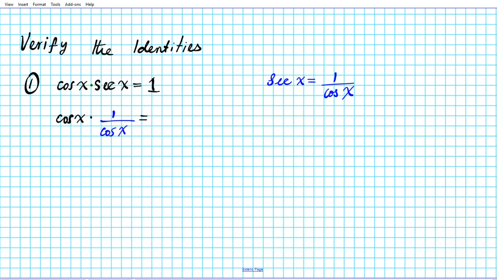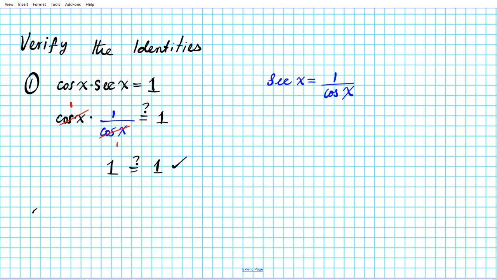The question is, is the left side equal to the right side? On the left side, the cosines divide out, and you end up with 1. Is 1 equal to 1? Absolutely. So we've been able to prove that this identity is true.